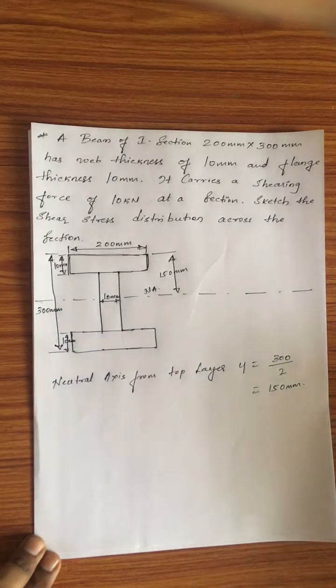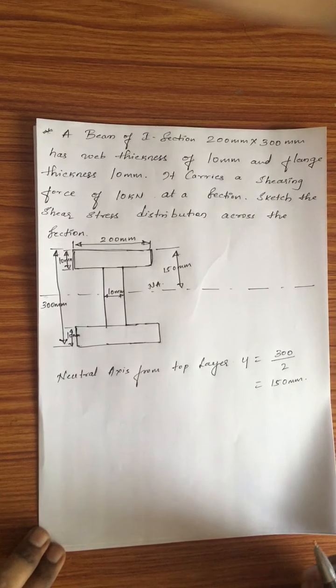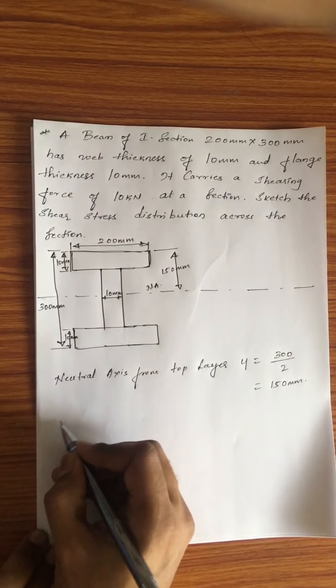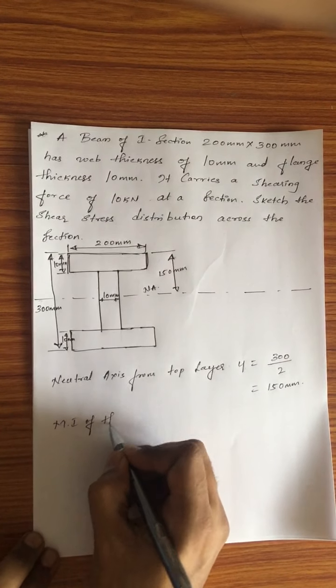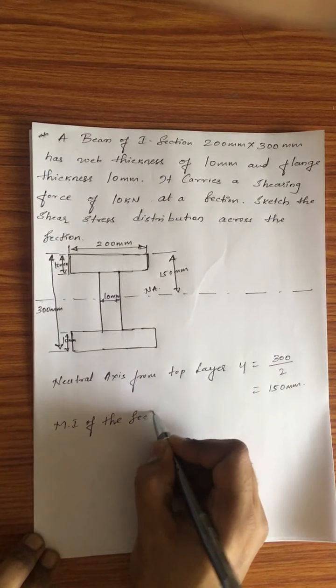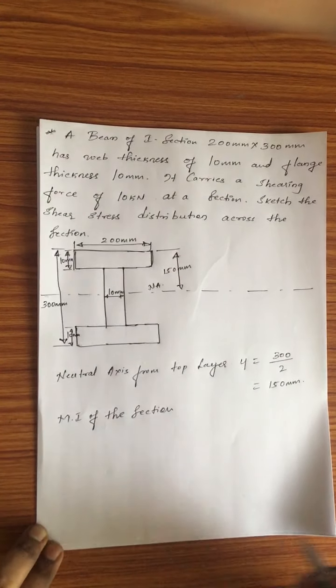Now I need to find out the moment of inertia, that is the MI of the section, and this also will be about the neutral axis.